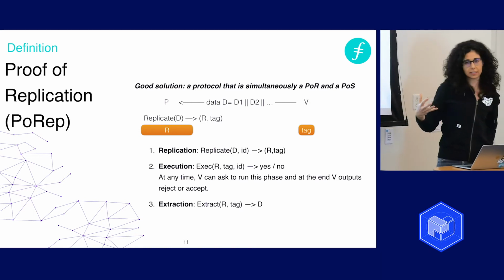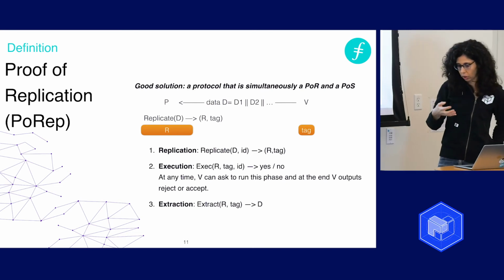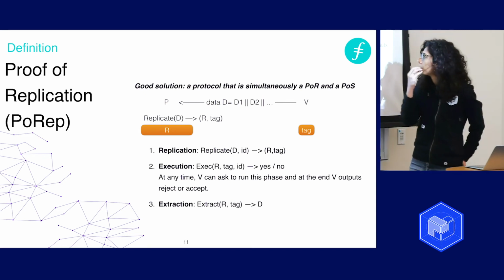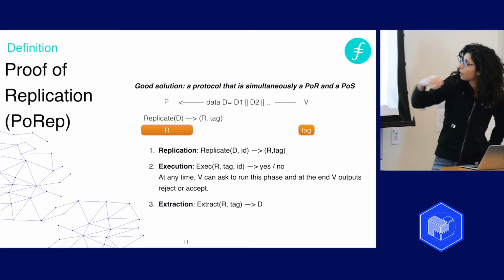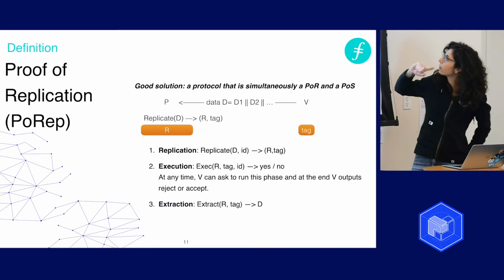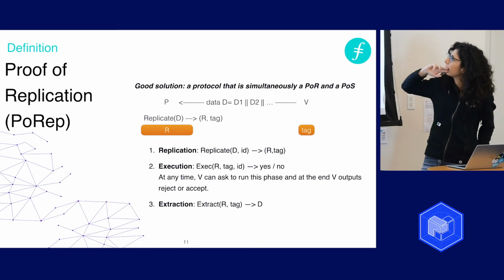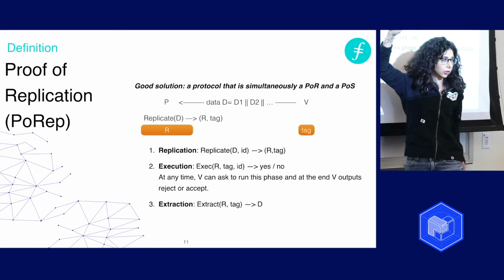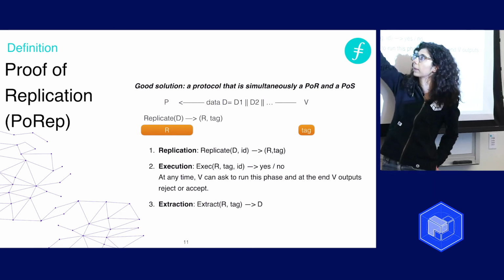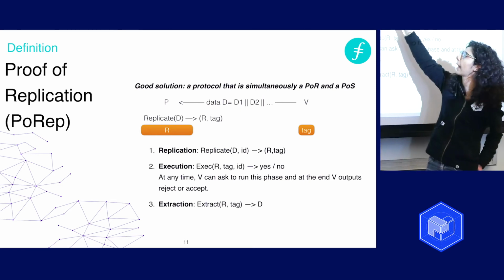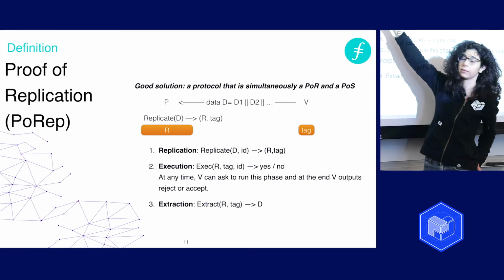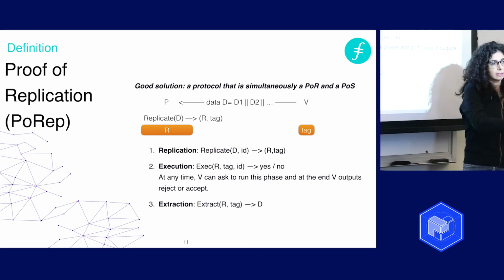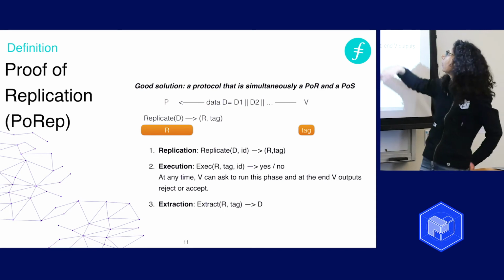Okay, so this is how the definition of proof of replication was born. If you want to be a bit more technical, basically now the verifier sends this data. I have only one operation that is run. We call it the replication. I replicate the data D, so I get this R, whose length is N. It's in the place of S, my filler of the disk, but it contains the data as well.